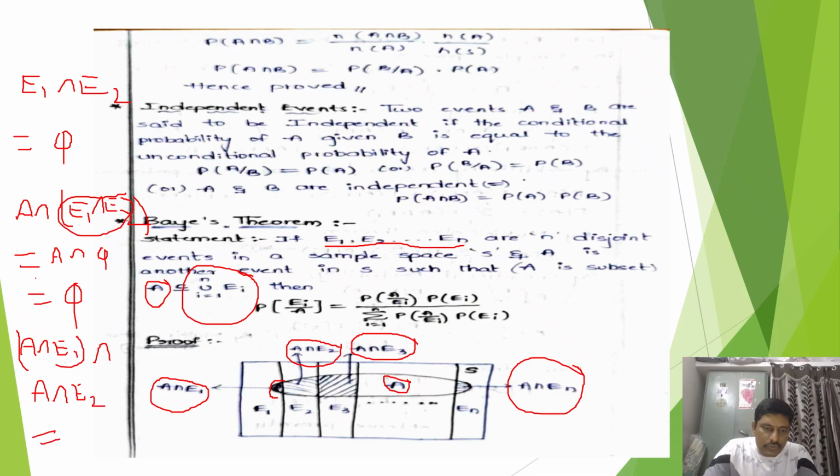So I think you understand it. Because A intersection E1 intersection A intersection E2, we can write as A intersection of E1 intersection E2.